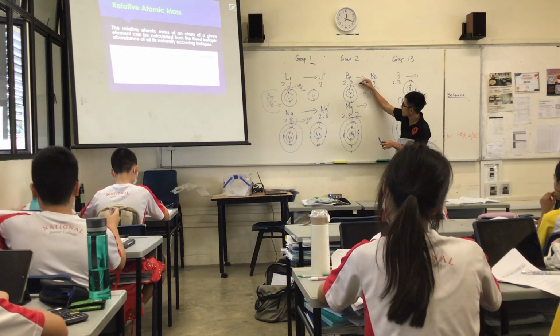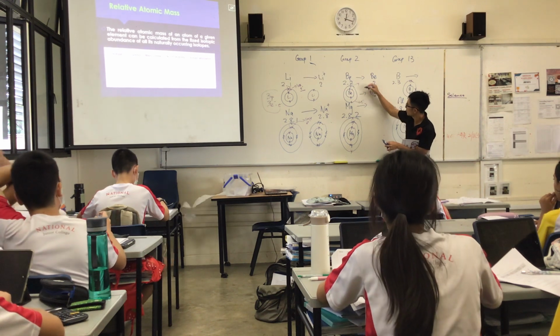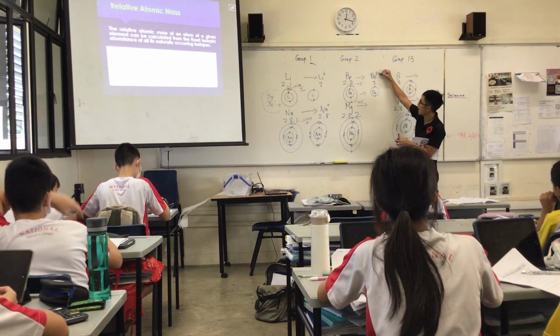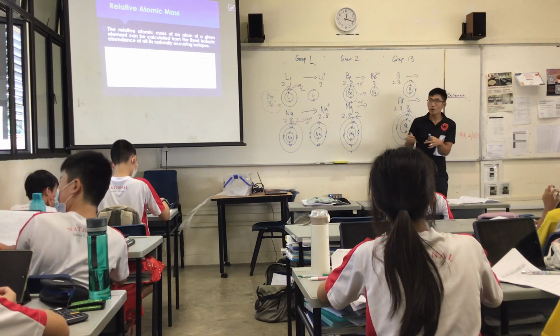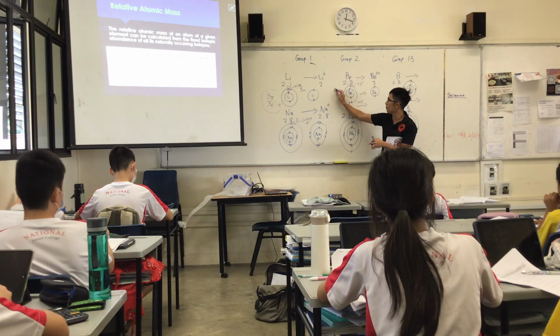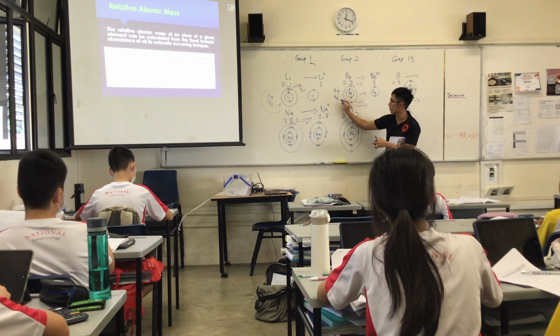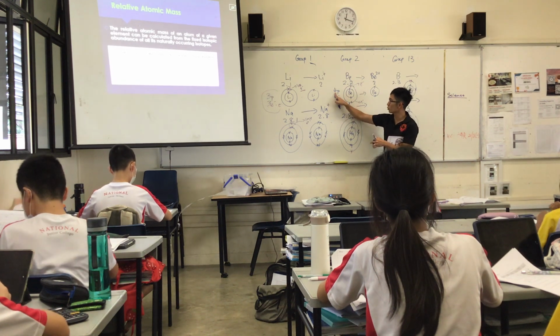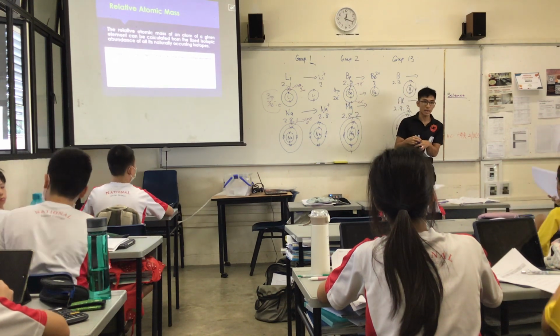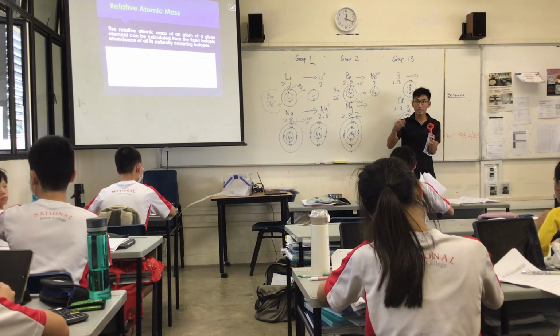But because it loses 2 electrons, the overall charge now will be a 2 plus. Hope you can see why it's a 2 plus. Because originally, beryllium had 4 protons as well as 4 electrons. If I lose 2 electrons away, now my overall charge will be a positive 2. Make sense? Mathematically speaking.